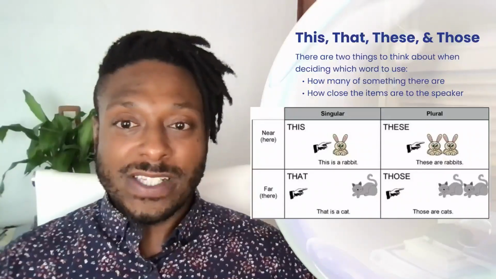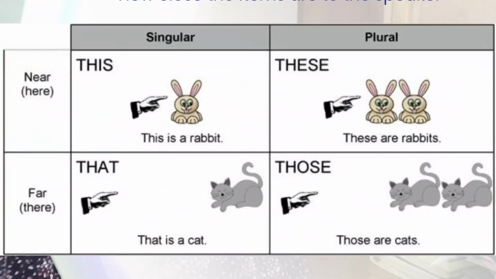So let's look at a few examples. We can see here that in the singular form, we use the word this when something is near us, like this is a rabbit. We use the word that in the singular when something is far away from us, like that is a cat.